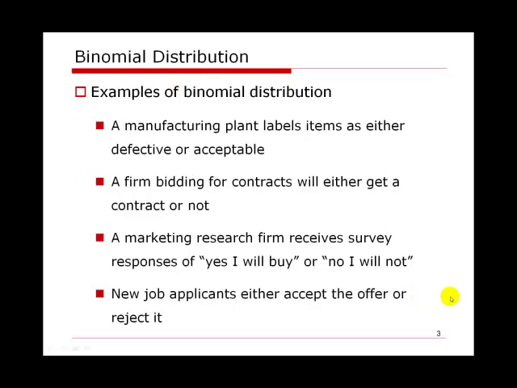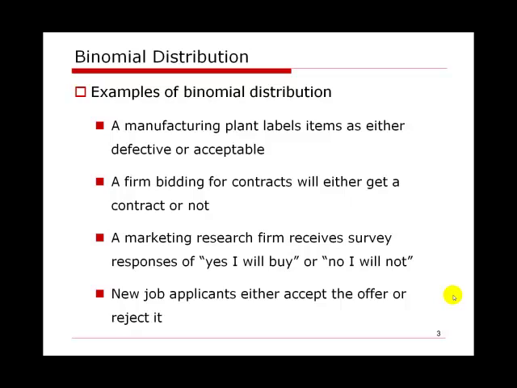Binomial distribution is one of the most important discrete probability distributions. And the reason it is important is because in reality, a lot of events follow a binomial distribution. Here we list just a few examples.